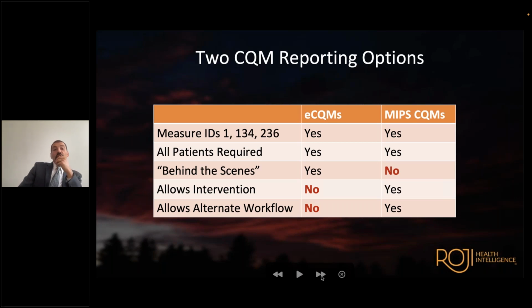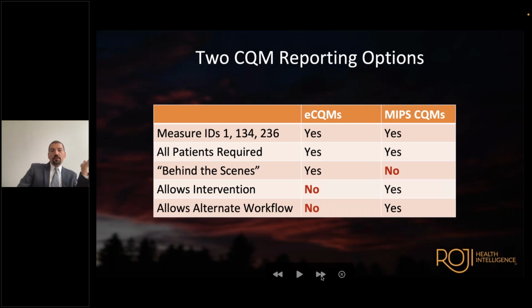The big difference, though, between ECQMs and MIPS CQMs is that ECQMs do not allow any intervention. They are hands-off. It's end-to-end reporting wherein there is no manual intervention. And that means that there is not an option for alternate workflow.